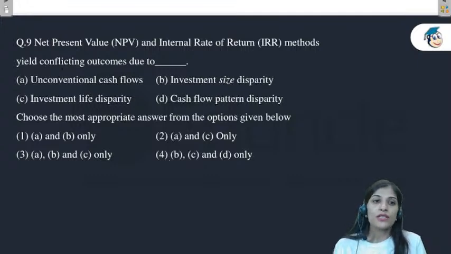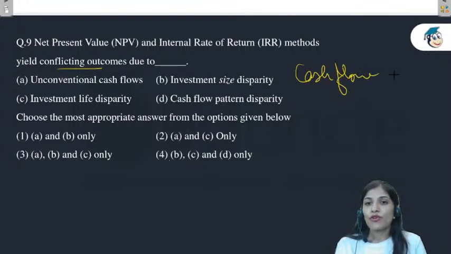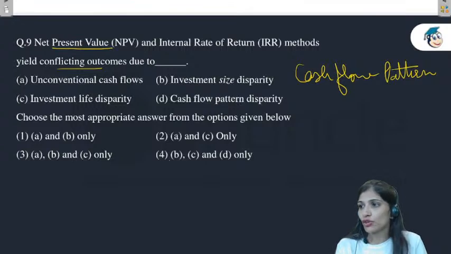Okay, so coming to this question, what do conflicting outcomes arise from? See, first of all we need to understand the cash flow pattern. There's a difference while solving the question with NPV and solving it with IRR. There is a vast difference among the cash flow patterns.